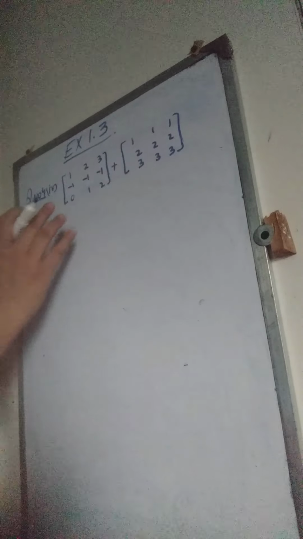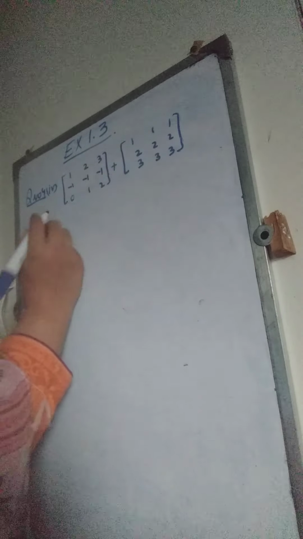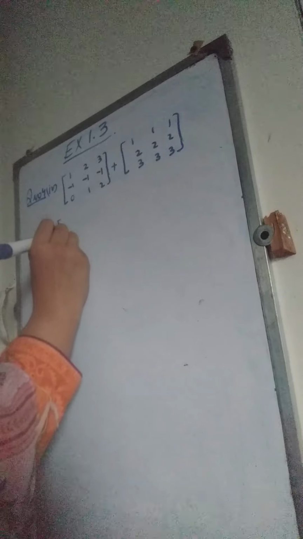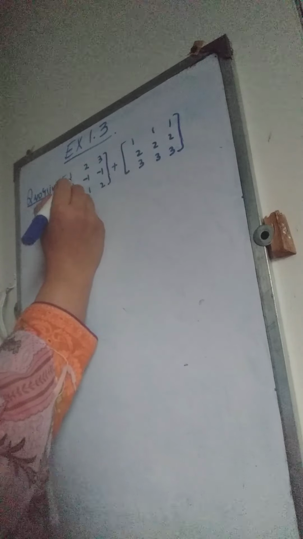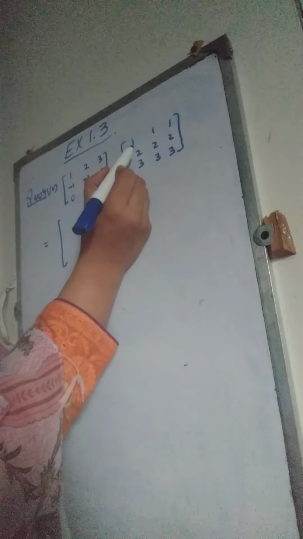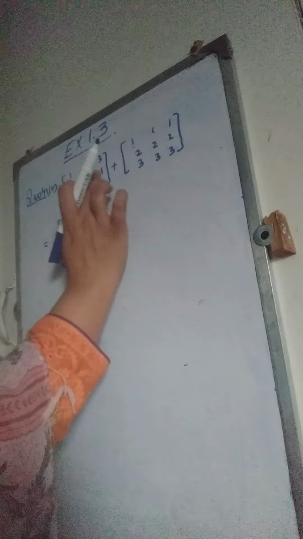Here we again have to do the addition. The method is the same. You are going to pick the first element and add it to the first element of the second matrix. Similarly, second will be added to the second, third, fourth, fifth, sixth, seventh, eighth, ninth. All the matching position elements are going to be added.